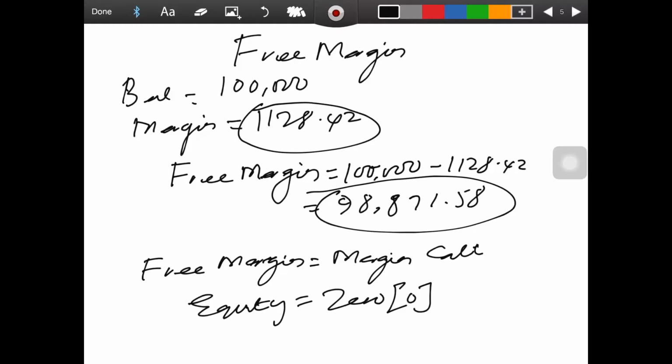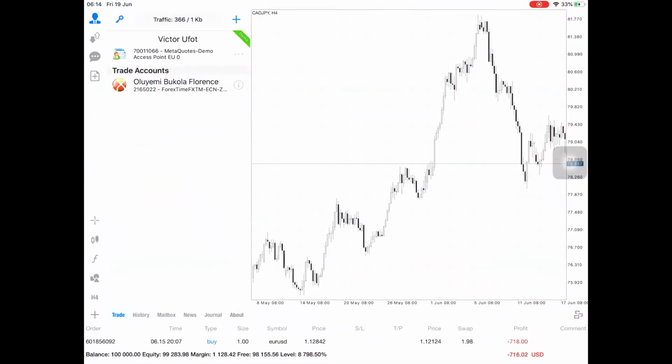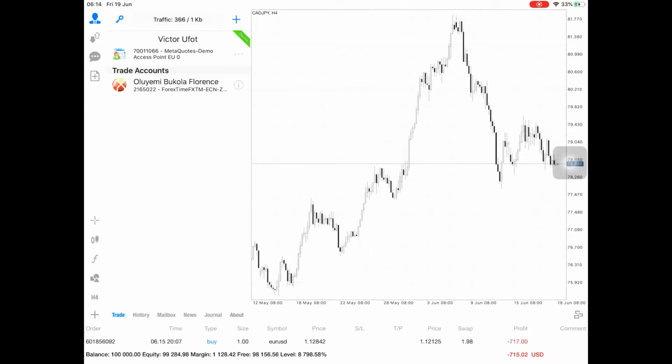Why you need to understand the danger of leverage is that when you increase your leverage, it allows you to buy more, and when you buy more, it means your free margin becomes small. So when you are trading, you always have to make sure that you have enough free margin.